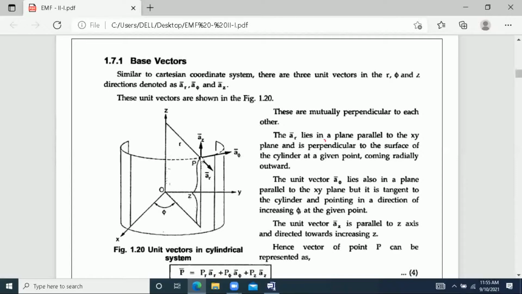That's your point P here. So if somebody's telling you somewhere in a cylindrical coordinate system, you can just get up and head straight there. Not a problem.